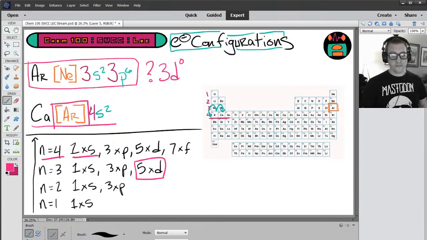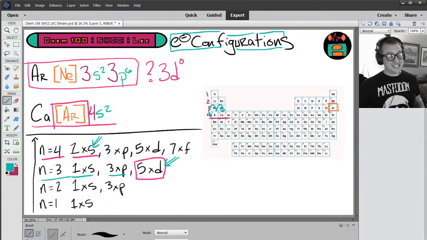With argon, we've put electrons in the 3s and the 3p subshells, but then calcium started filling the 4s subshell before it put any electrons in the 3d subshell.